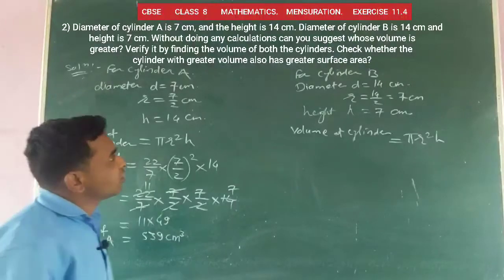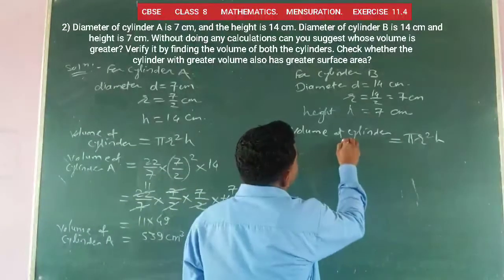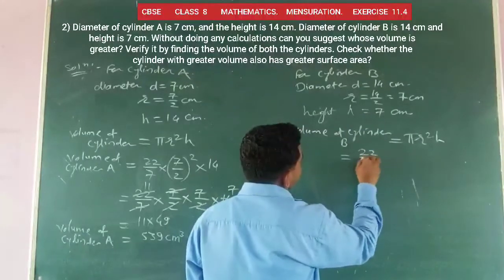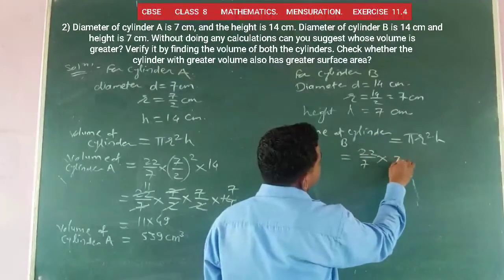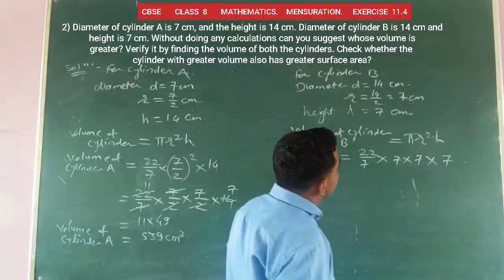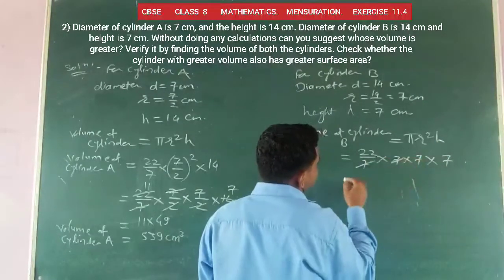And then for the cylinder B, what is the formula? Pi r square h. Again the pi value is 22 by 7 into radius 7 into 7, and the height is also 7. So 7 gets cancelled.